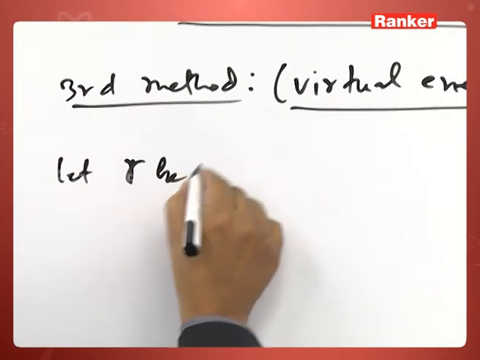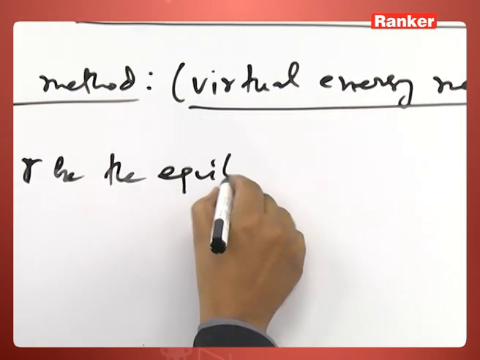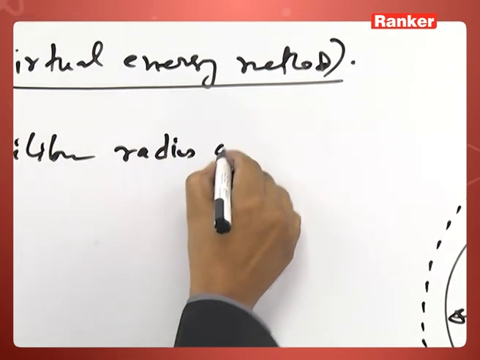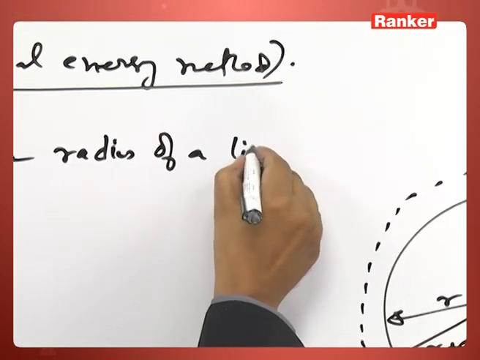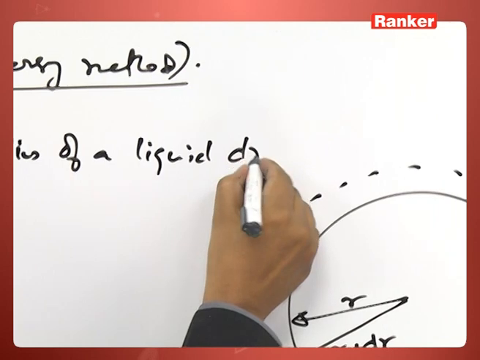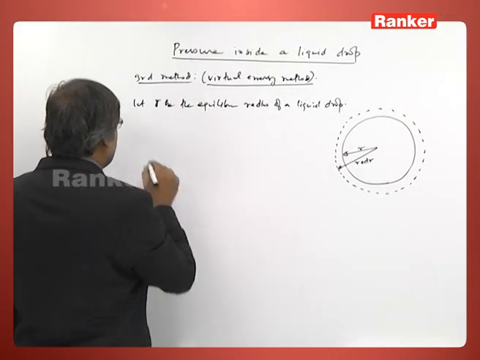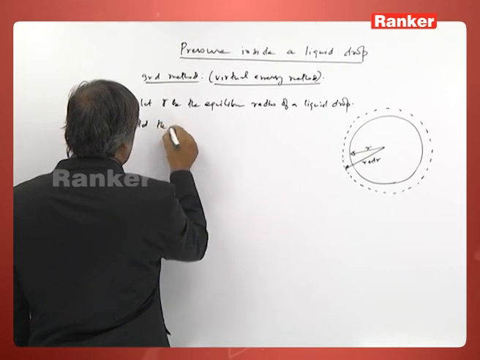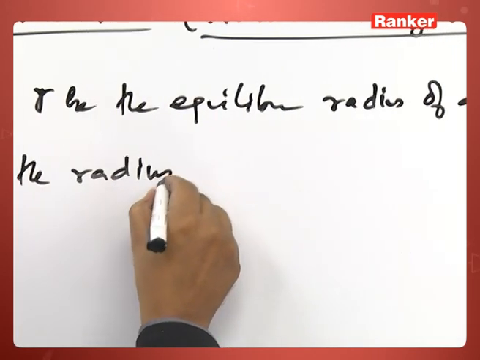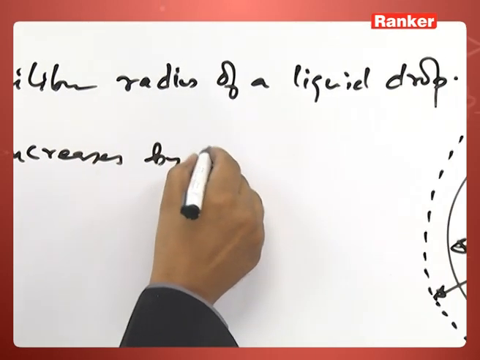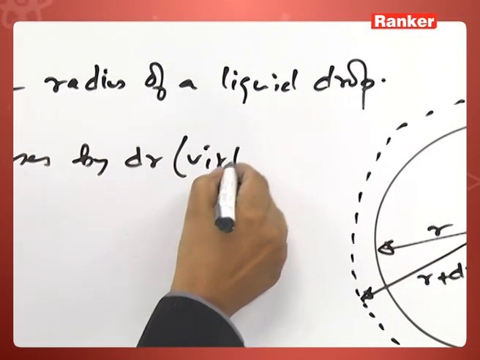So, let R be the equilibrium radius of a liquid drop. Now, let the radius increase by dr virtually.